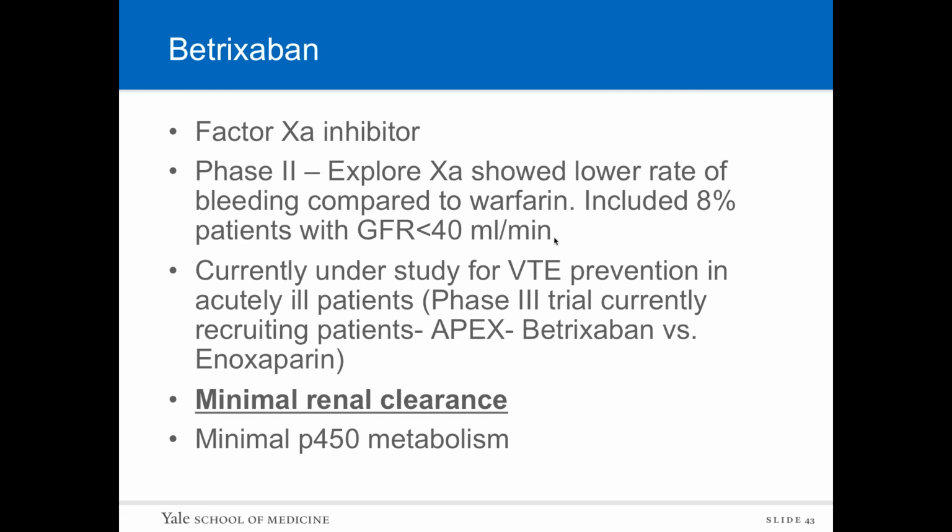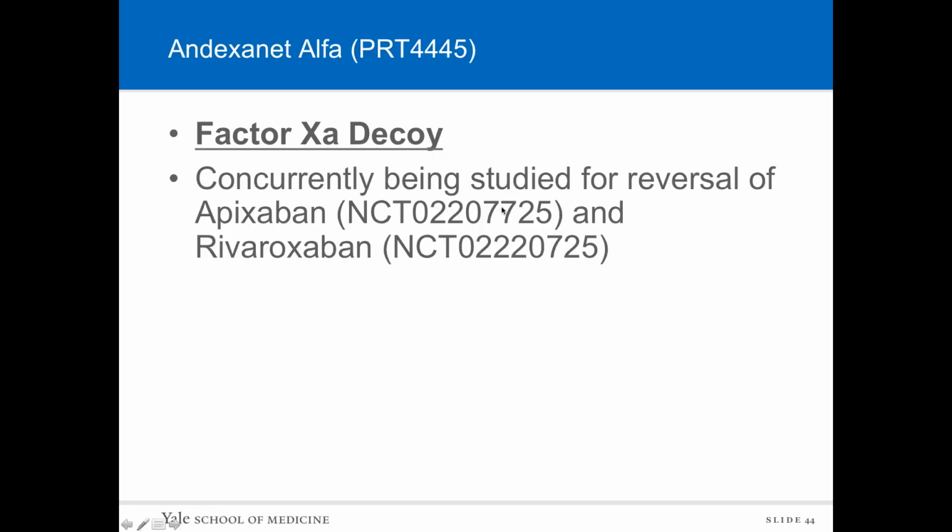So this is something to look out for in the future. The same company is also developing a factor 10A decoy, which can be used to treat overdose of any of these medications. It's called Andexanet alpha, or PRT4445, a molecule that is currently being studied to reverse the effects of Apixaban and Rivaroxaban.